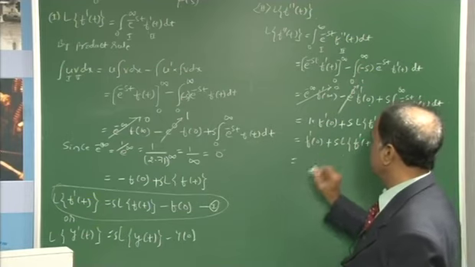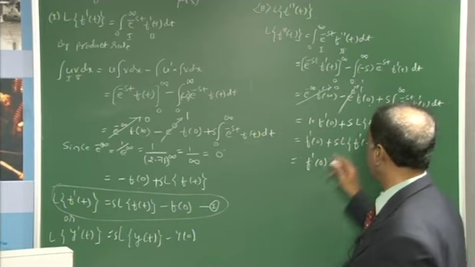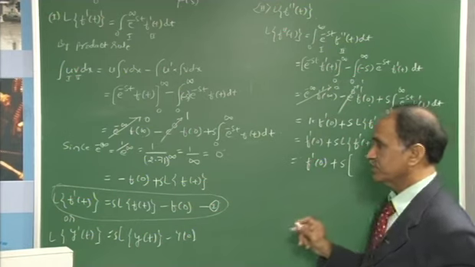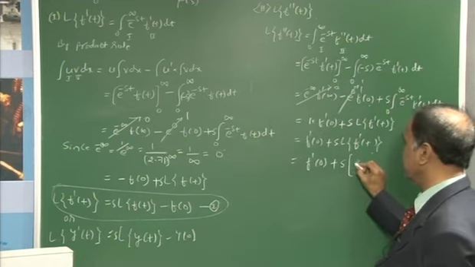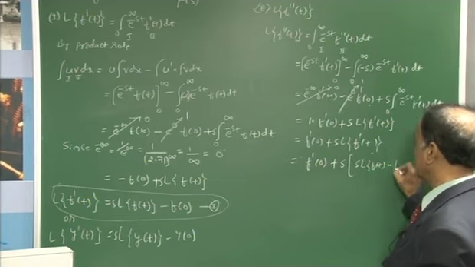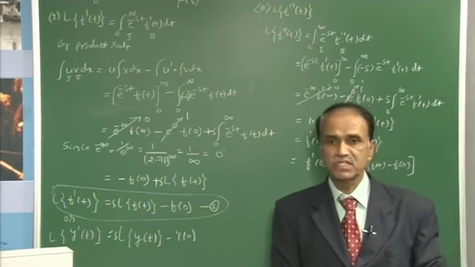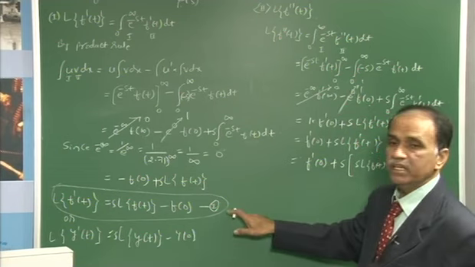Now, what are the results? F dash of 0 plus s into this L of f dash of t. Write both the results: in place of L of f dash of t, s into L of f of t and minus f of 0. Your integration procedure is over once you replace this, because it is already done from the first result.